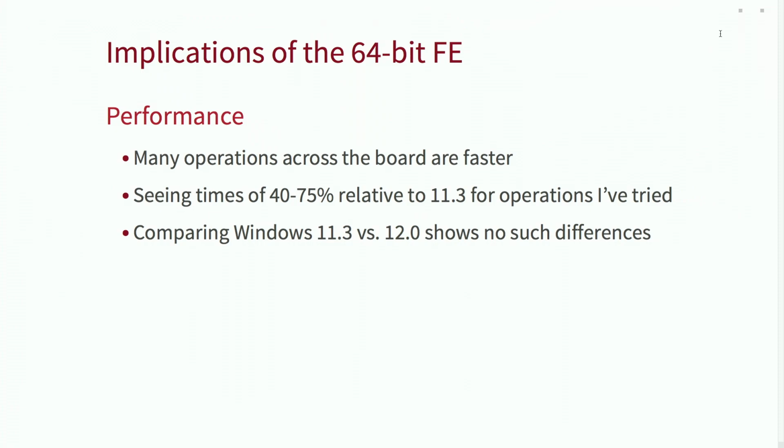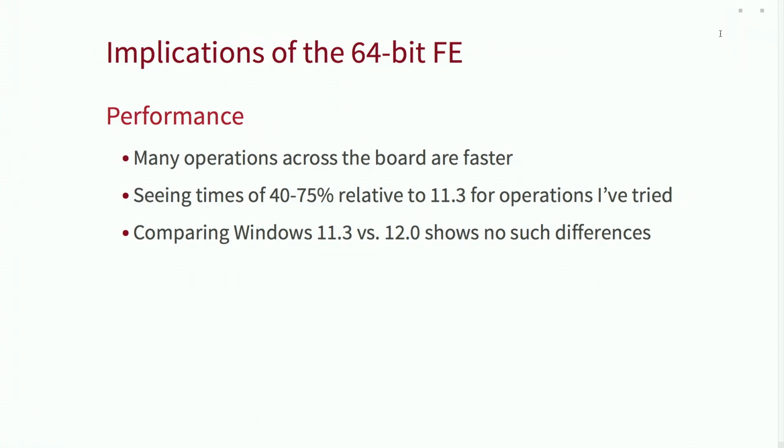Doing various sorts of operations, pushing the front end to do either hard things or repetitive things, I saw result times compared to the 11.3 32-bit front end of, I think the worst that I saw was 75% of what 11.3 did, and the best was 40%. So it depends on what you're doing.